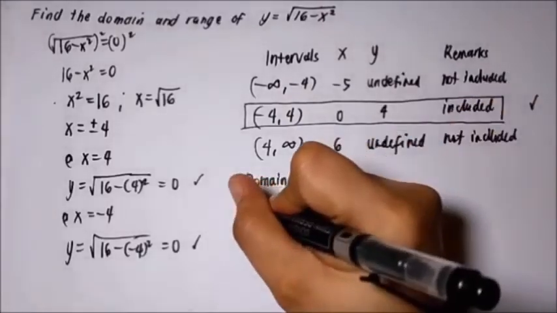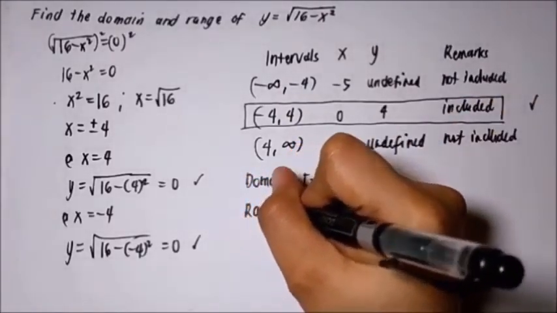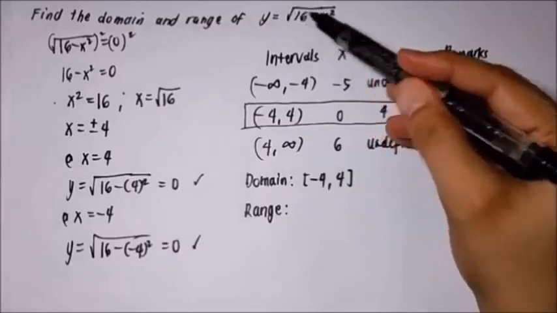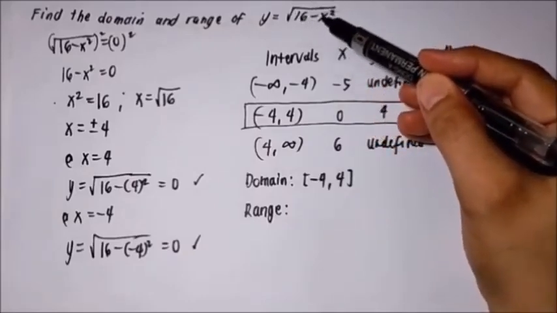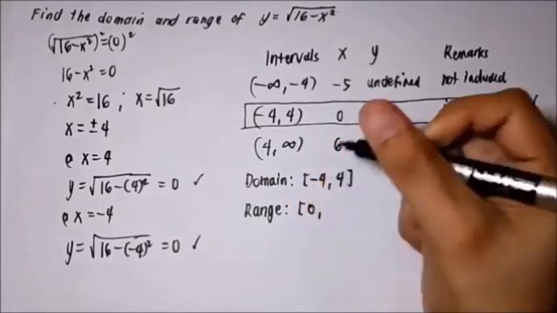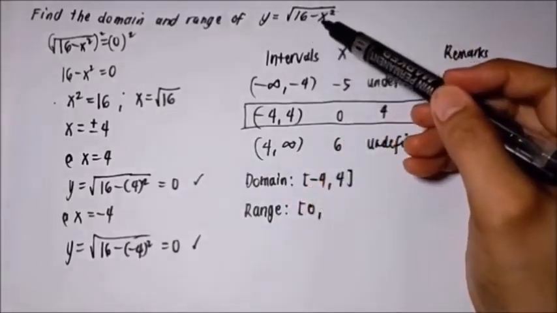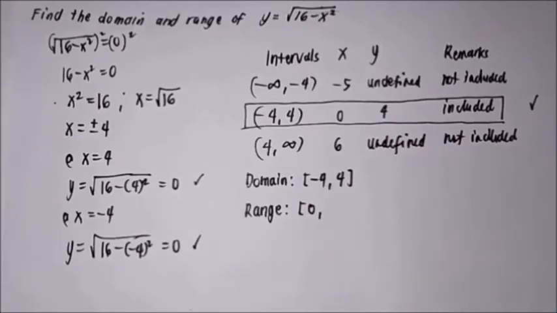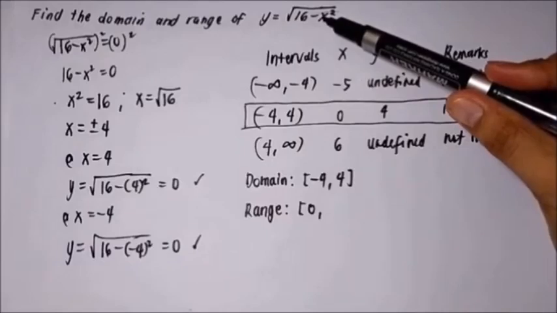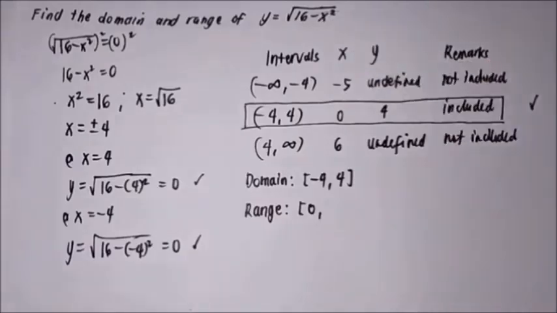Okay, so how about the range? If you're going to have this one, what would be the range now? Since it is a square root, if we use 4 here, we'll be having 0. And 0 is included. If we use some values, let's say negative 3, what if the value would be negative 3?